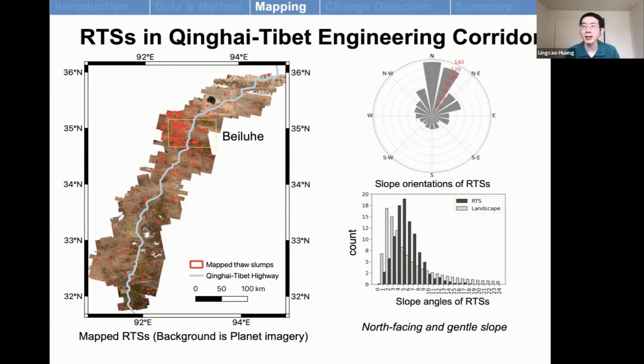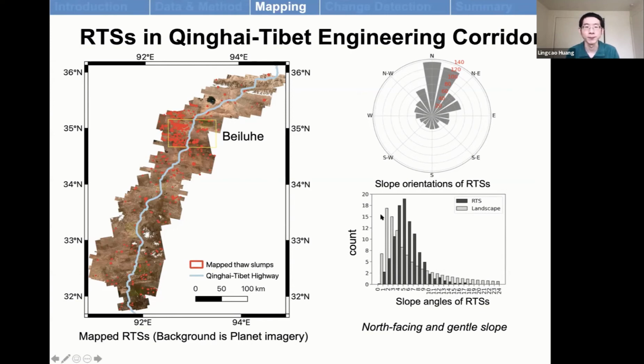For this region, I think it's good to talk some about the spatial distribution. For the RTS in this region, most of them are on north-facing slopes. This figure shows the slope orientation of RTS, and we also did some statistics about their slope angles.